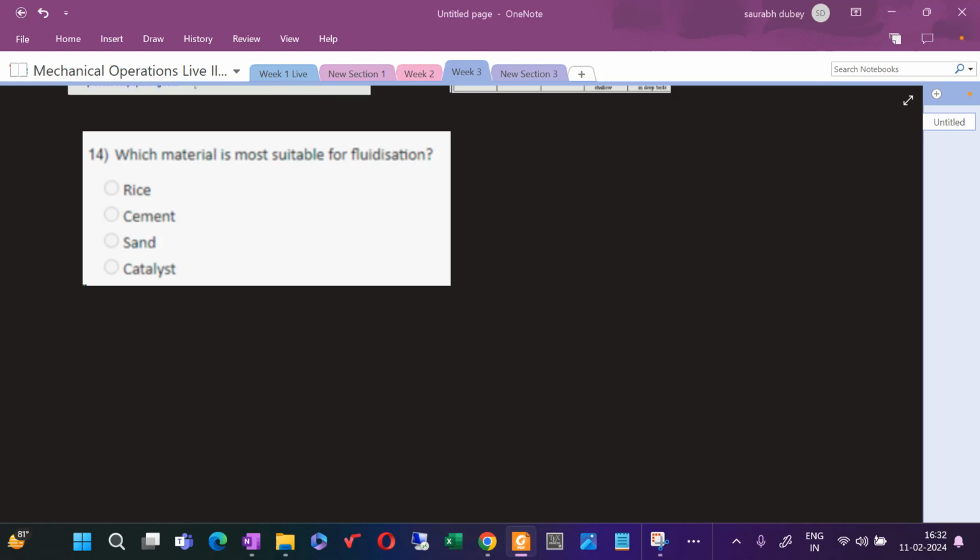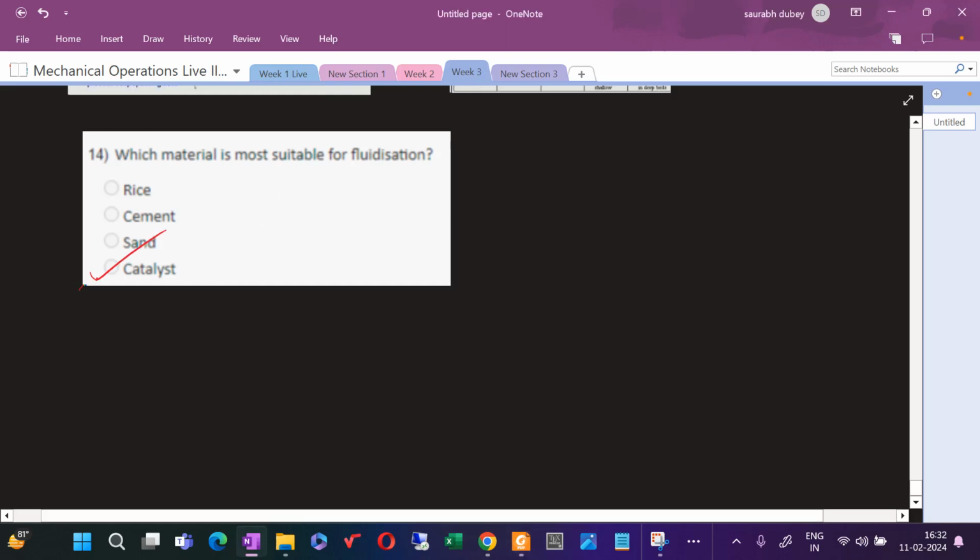As you remember, that was group A, which is actually the situation in the catalytic cracker. So the catalyst is the one which is more suitable for fluidization. So catalyst is the correct answer.